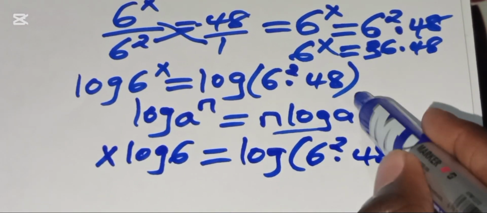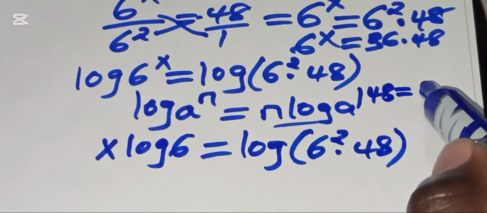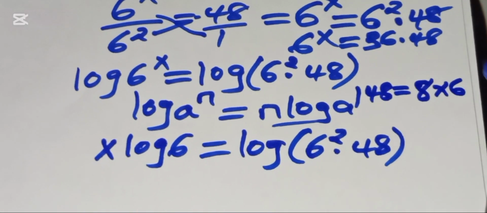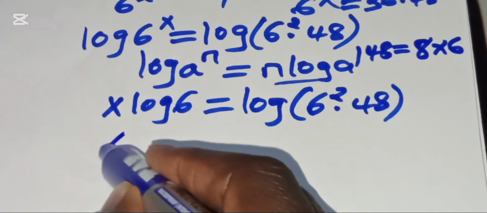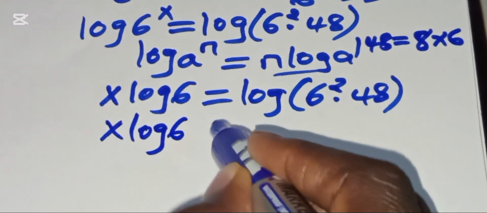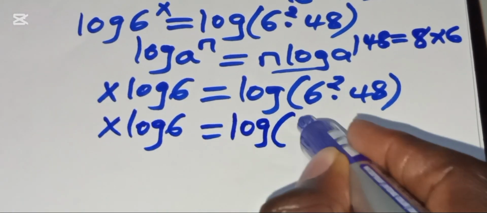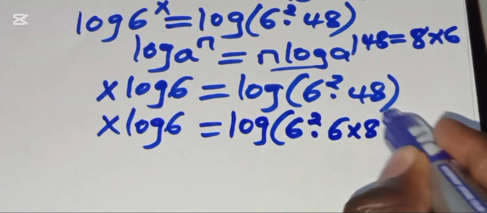Now 48 can be expressed as 8 multiplied by 6. So from what we have, x log 6 is equal to log of 6 squared multiplied by 6 multiplied by 8.